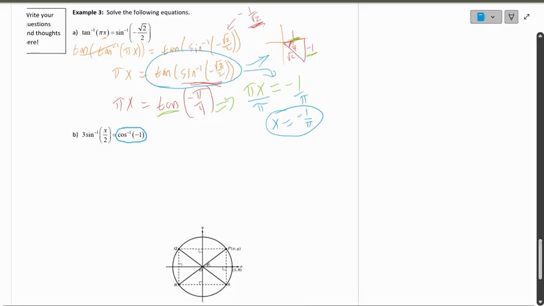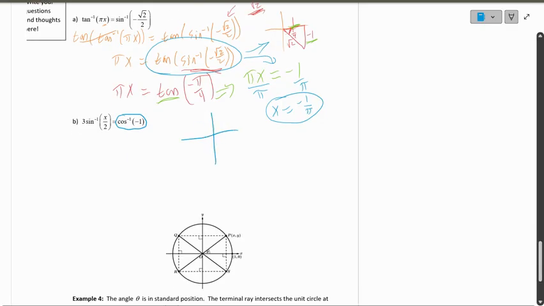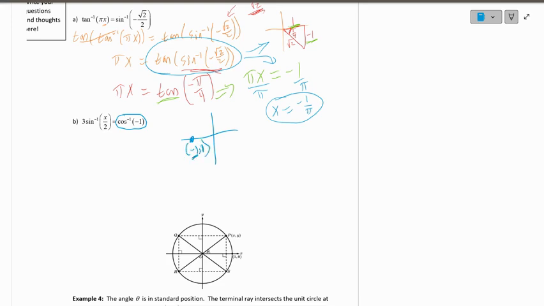So inverse cosine of -1, that means I need to use this coordinate point right here, because that's where the x is -1, and that angle that would give me that is pi. So I can evaluate this.